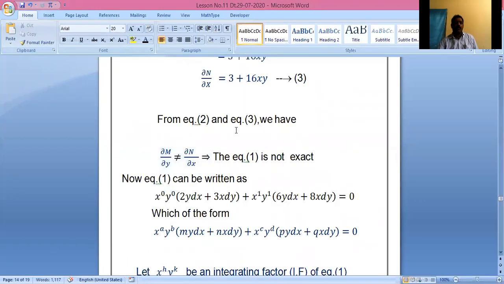From equations 2 and 3, we have ∂M/∂y is not equal to ∂N/∂x. That implies equation 1 is not exact.